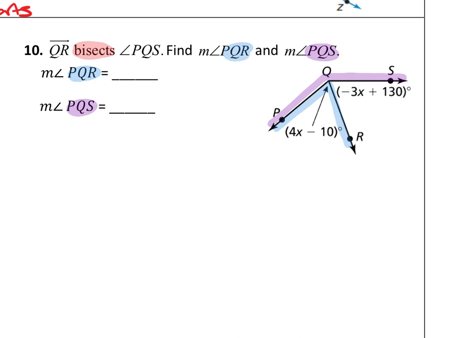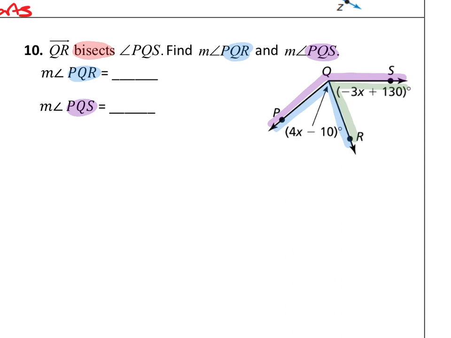Okay, the information we're given is a little bit different. I'm given information about angle PQR and RQS. But since the word bisects is used, what do we know about this angle measurement and this angle measurement? If it says bisects, what does that mean?